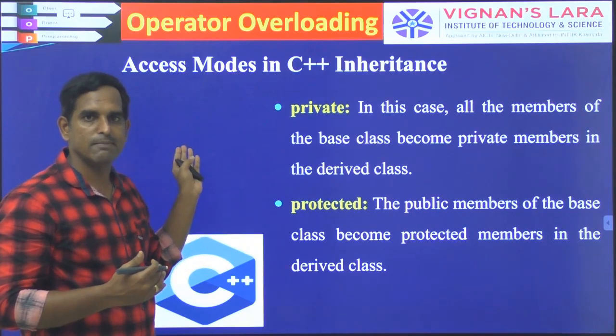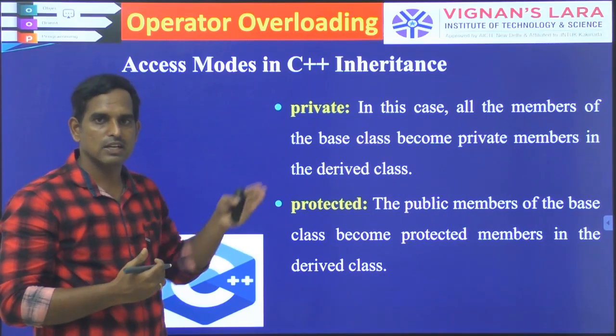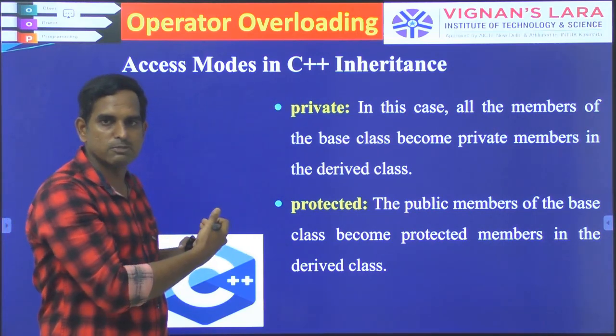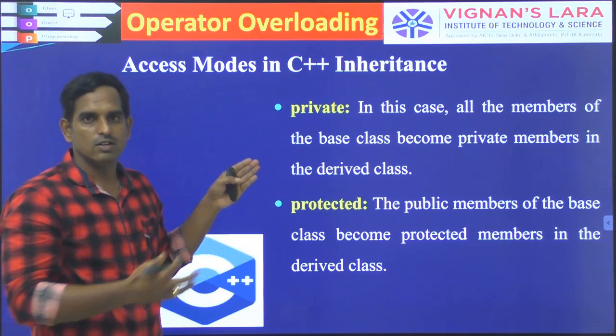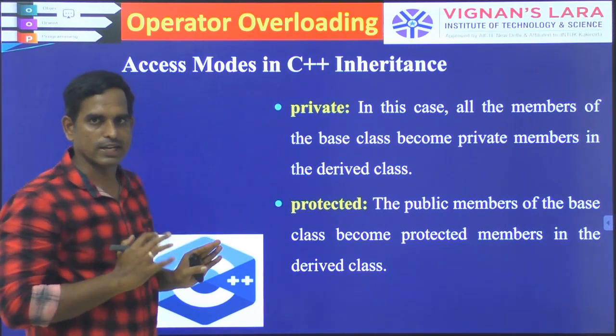If you write public, everything will become public in your derived class. If I write private, all the members will be declared as private in your derived class. And if I write protected, whatever public members are present will be derived as protected members.